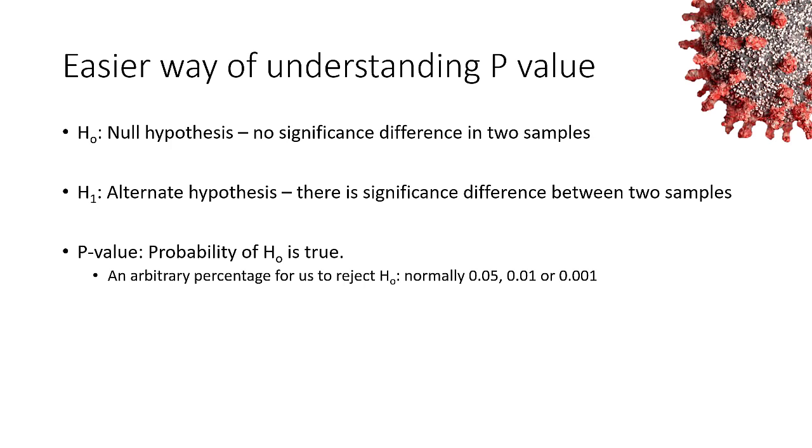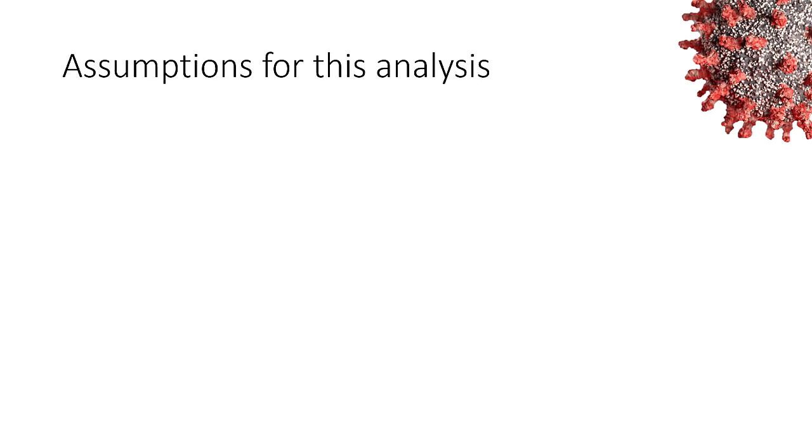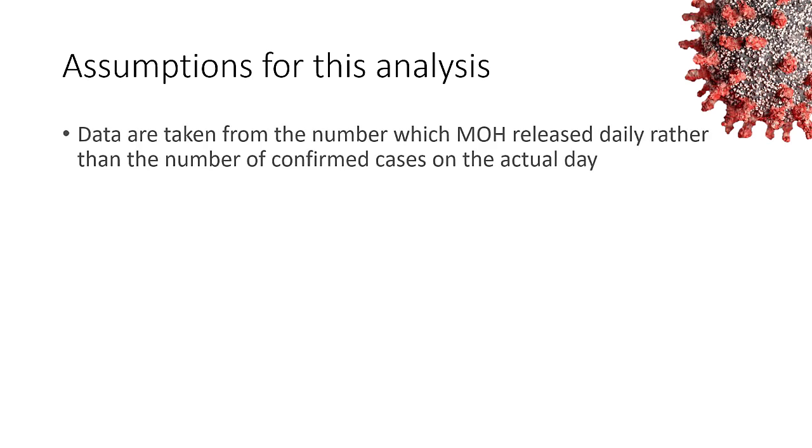So with this out of the way, let's go through some assumptions that I have made for this analysis. The data I have taken, or the number of daily confirmed cases, are the number that is released from the Ministry of Health, rather than the actual number that is confirmed on that day, because if you look at their annex, you can see that some of them are actually confirmed the previous day, rather than the day they actually announced them.